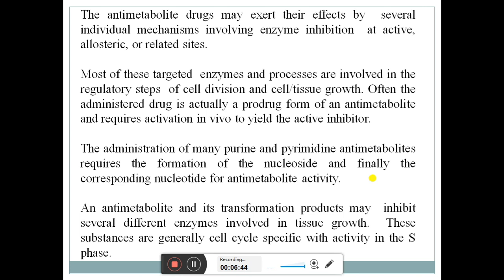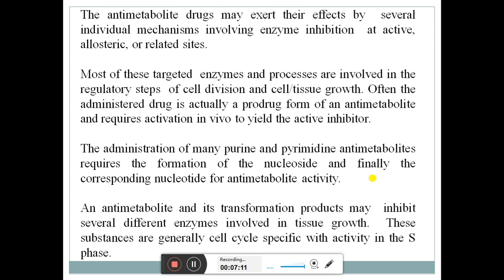That activation is basically carried out by phosphorylation only. The administration of many purine and pyrimidine antimetabolites requires the formation of the nucleoside and finally the corresponding nucleotide and metabolite for antimetabolite activity.